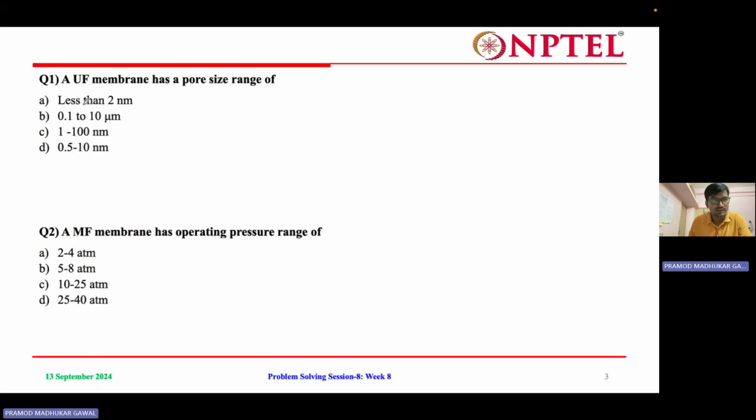Less than 2 nanometers is the size for reverse osmosis, RO, and 0.1 to 10 micrometers is for microfiltration, 1 to 100 nanometers is for ultrafiltration, and option D is the size for nanofiltration. This question asks the size of the ultrafiltration membrane, so option C is correct.